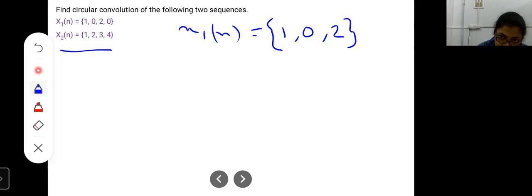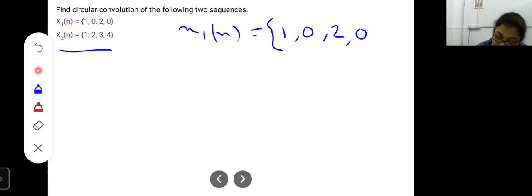So the first step of circular convolution is that you have to make the length of both sequences the same. So how can we do that? We know there is a well-known method called zero padding. To make the length equal, here you have to pad one extra sample using the zero padding concept.